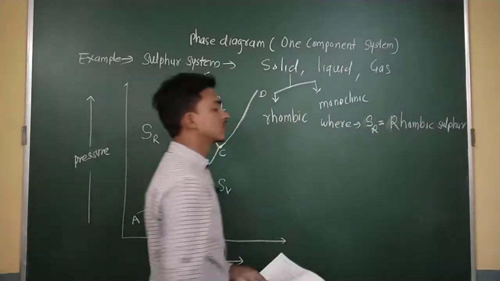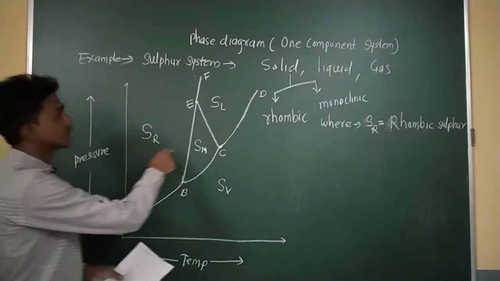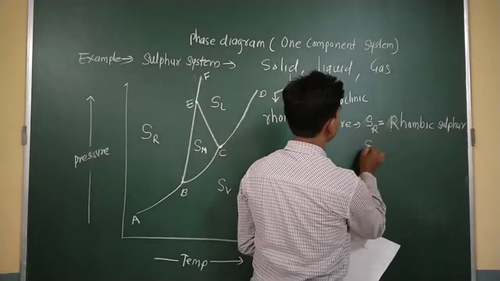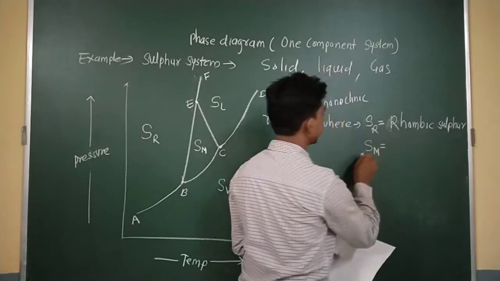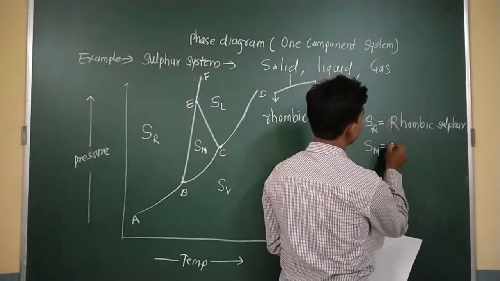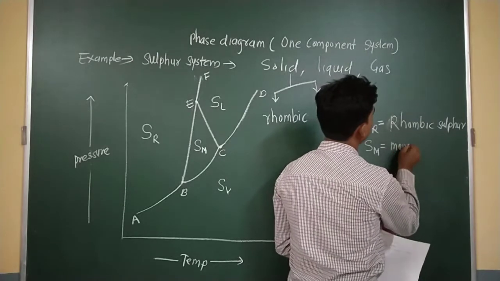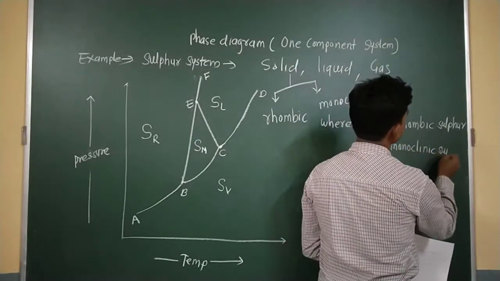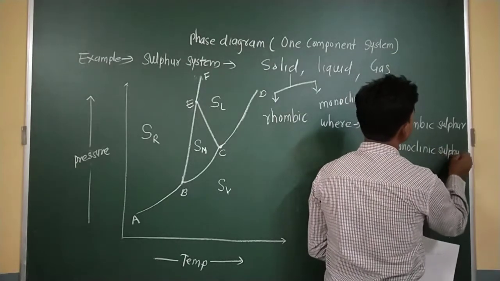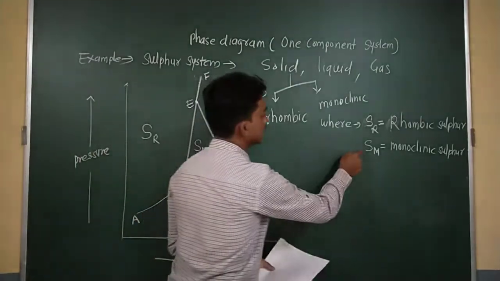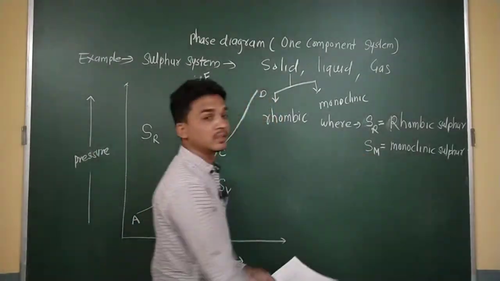This rhombic sulfur exists in the solid form. After that SM, S with subscript M, that means monoclinic sulfur. SM means sulfur exists in the monoclinic form.